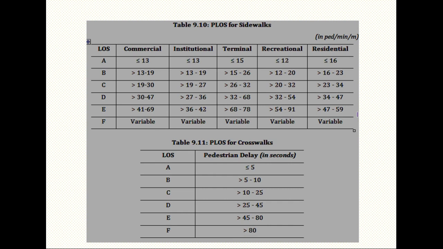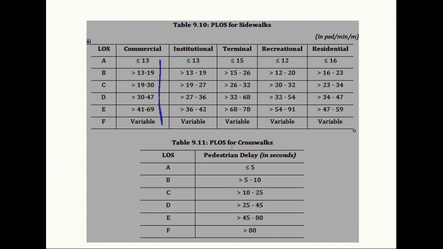The pedestrian level of service is defined for different land uses, for commercial, institutional, terminal, recreational, and residential, and these are the delay, pedestrians per minute per meter width of the sidewalk, delay caused to the pedestrians.